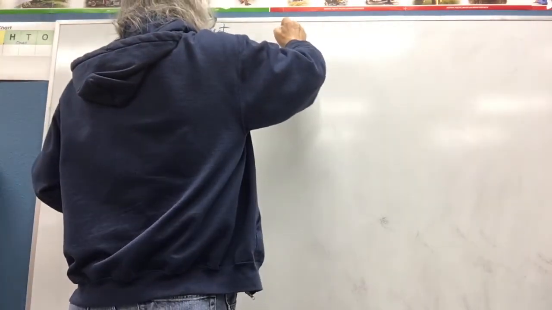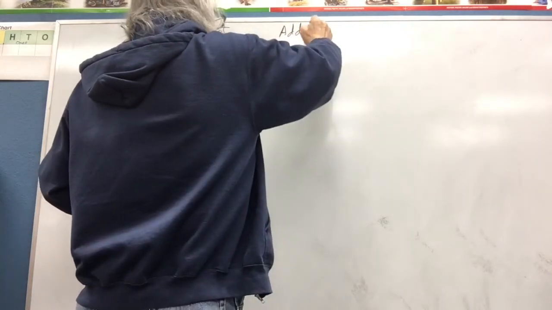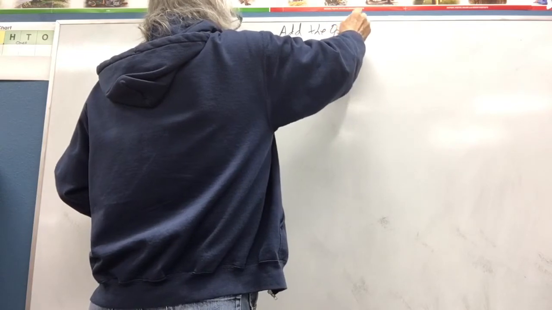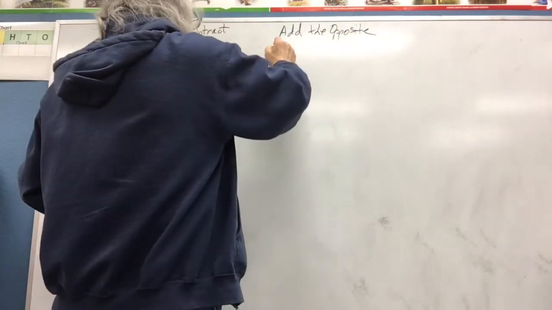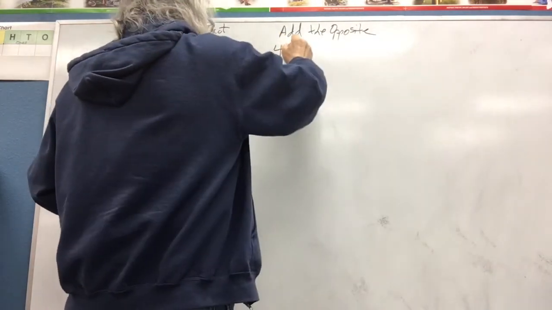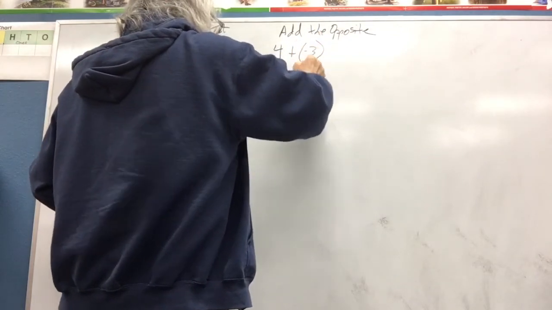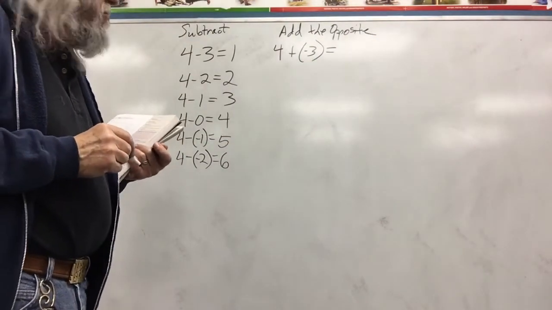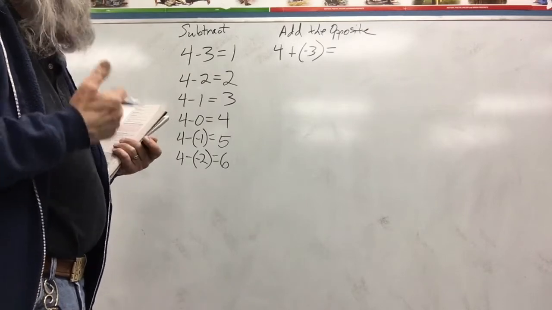So now this one, they are calling adding the opposite. So look at what they're doing here. They're taking 4 and they're adding a negative 3. Now if you think back at that a little bit, we're putting together positives and negatives.